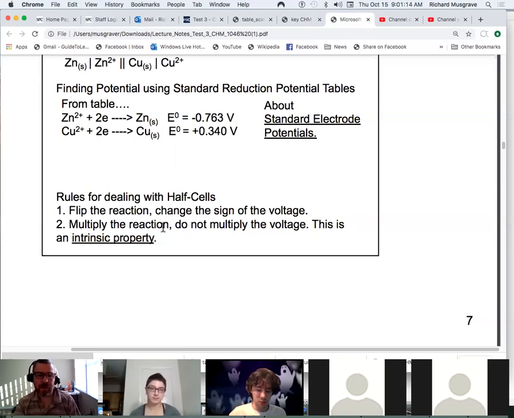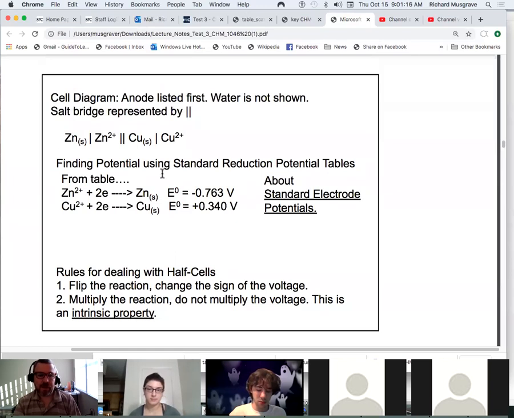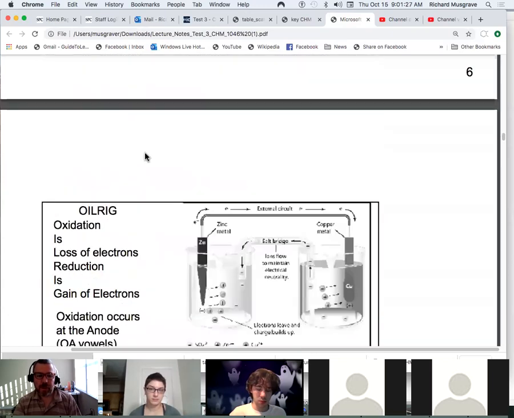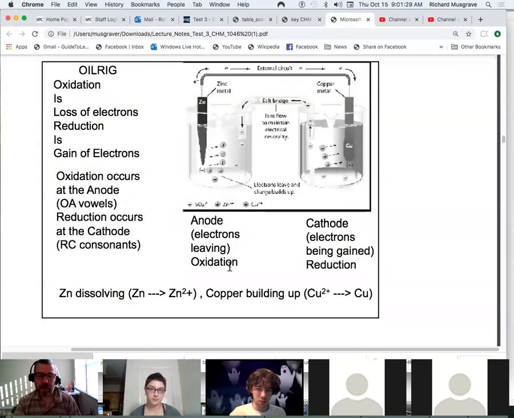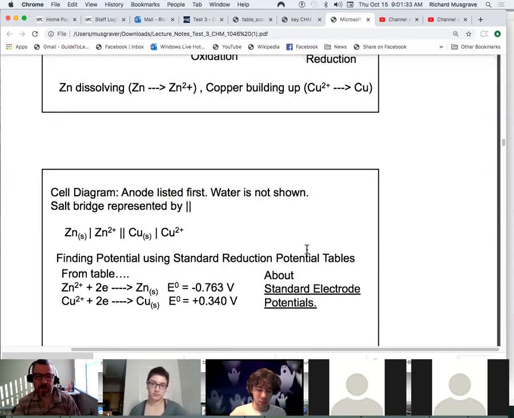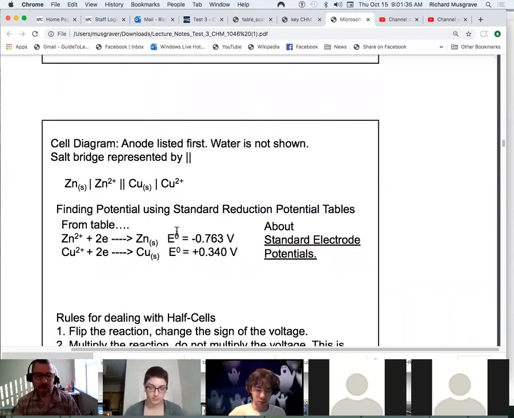So how do we deal with that? Well, I've already stated here that in a cell diagram, the anode is listed first. And by extension, of course, if that's the anode, then the other thing must be the cathode. Now, I already told you back over here that anode is where oxidation occurs and the cathode is where reduction occurs. When I went to that table, it was a standard reduction potential table.